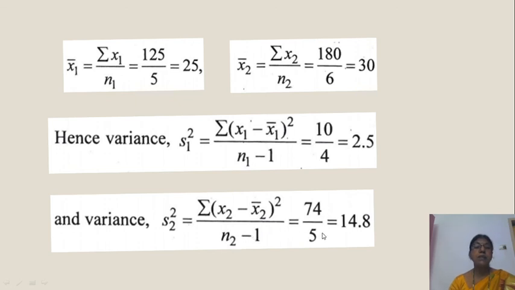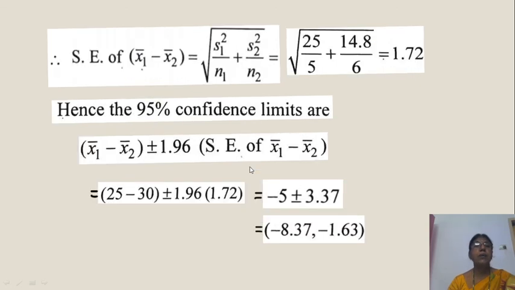That is equal to 74 by 5, 14.8. Now SE of x1 bar minus x2 bar is the root of s1 square by n1 plus s2 square by n2. Substitute s1, s2, n1, n2. After calculation we get 1.72.